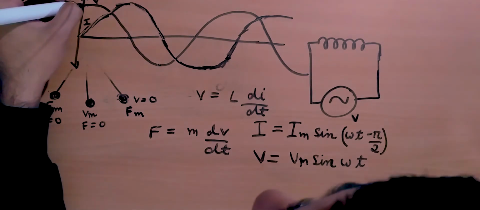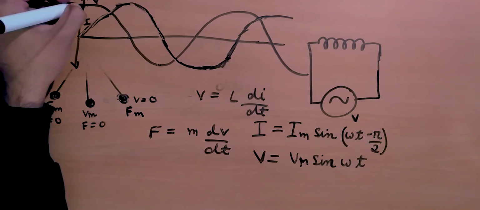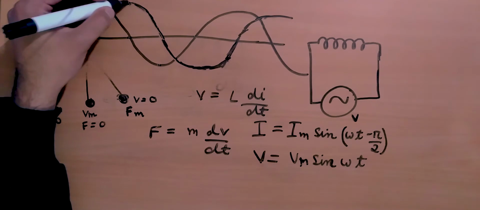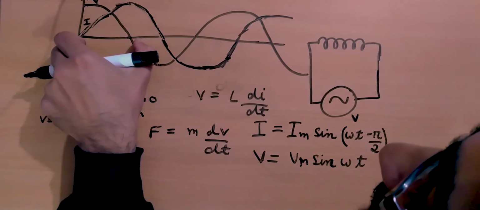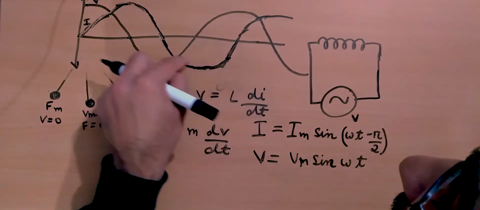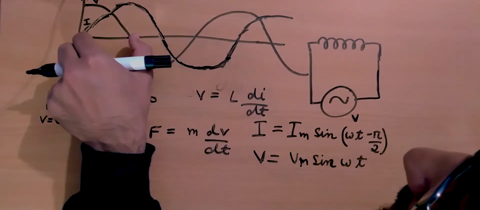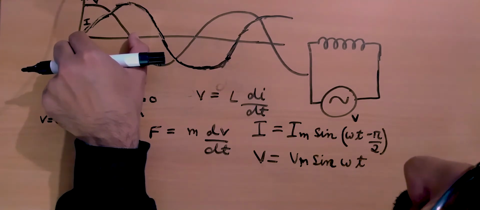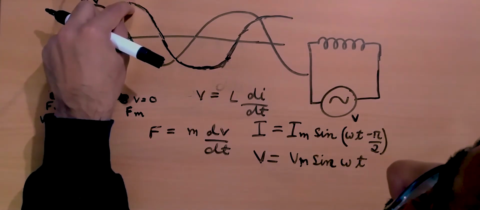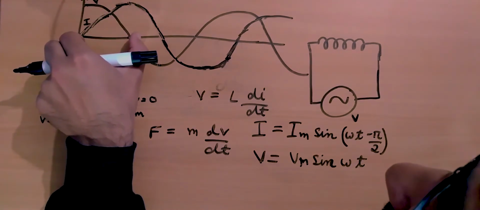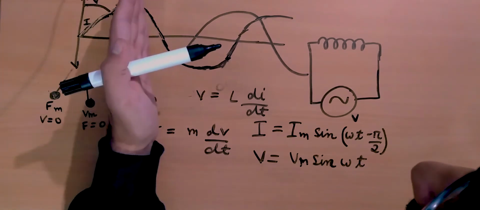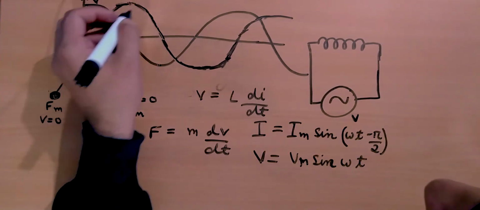Well, see, the voltage graph reaches a peak at this point, and the current graph reaches the peak after this gap and this gap. So this is one complete wave, this is a half wave, and this is 1/4 wave. You can see here voltage reaches a maximum and here current reaches a maximum peak, but current reaches its peak 1/4 wave later, right? You have to travel forward in time to see current reach its maximum peak.